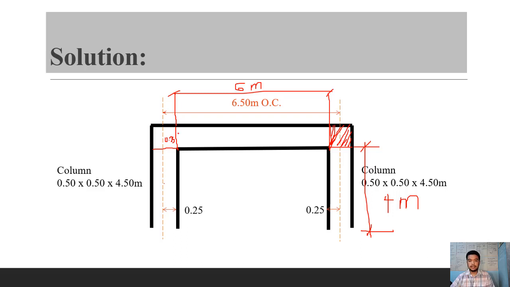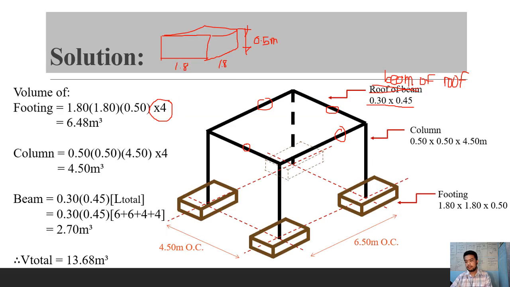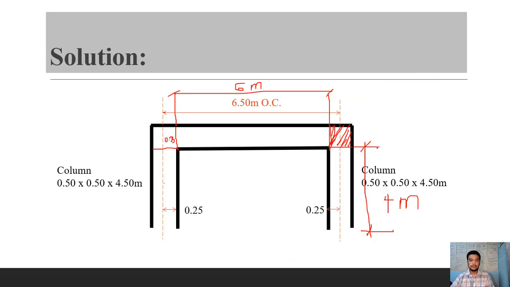Why is it that the half of the dimension of this column right here is 0.25? It is because the column has a dimension of 0.5 by 0.5. Okay, that is the cross section of your column.